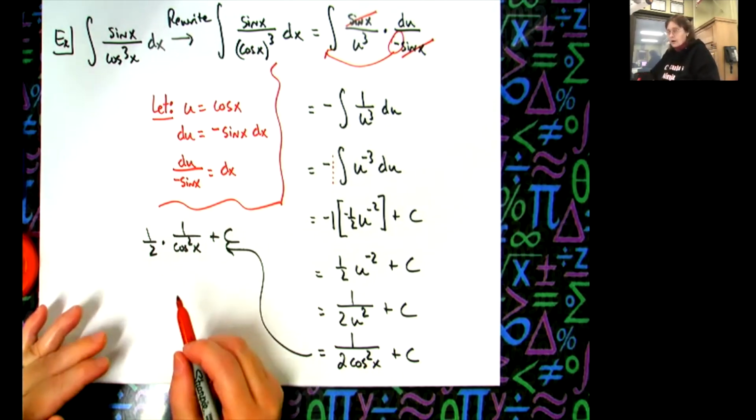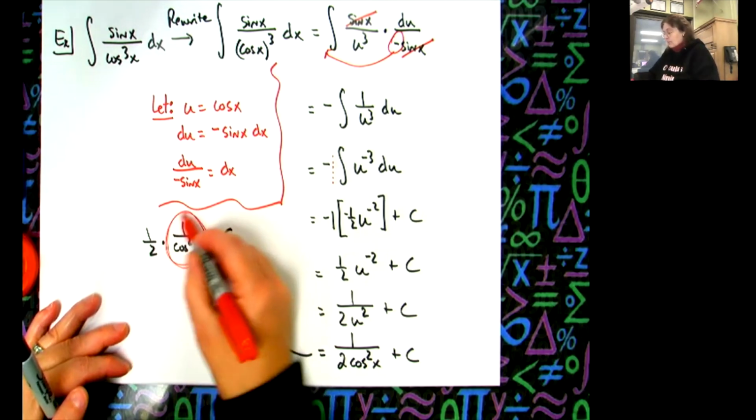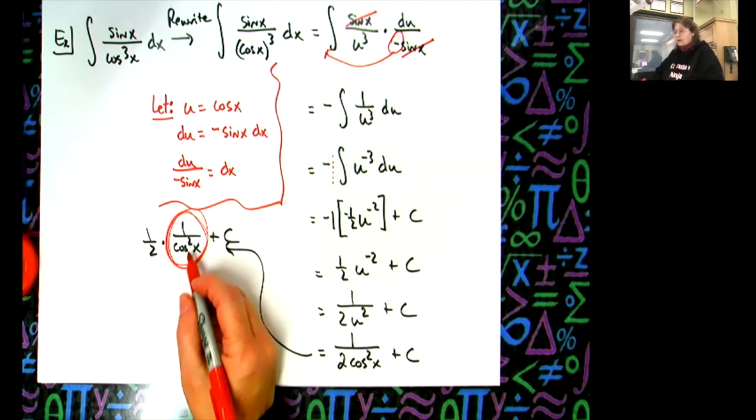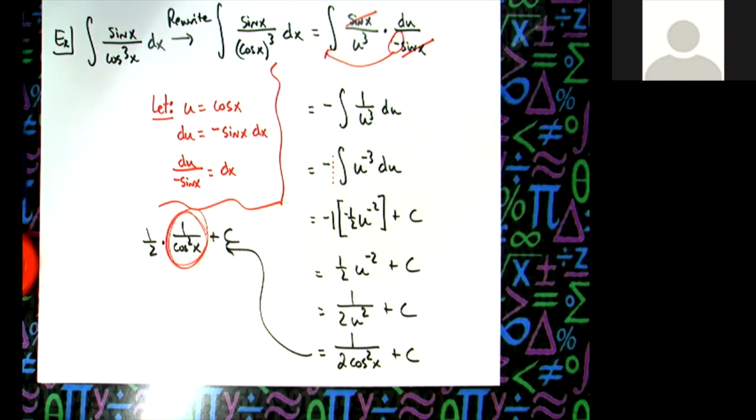I know it was virtual learning last spring when we went through trig, but remember those reciprocal identities that we did? 1 over cosine is equivalent to secant. These are squared, so that's okay. 1 over cosine squared is secant squared.